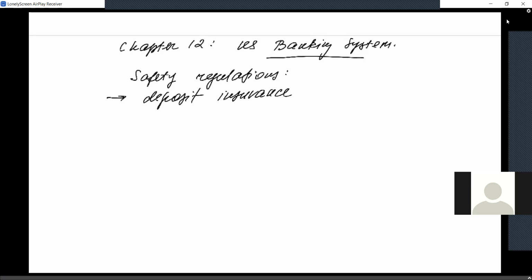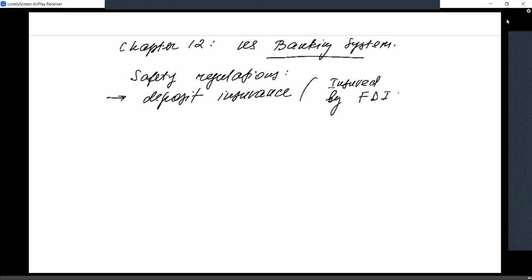All national banks must buy deposit insurance. State banks may choose to, they have a choice. So what you're looking for when you walk into an unknown bank, you're looking for a plaque that says insured by FDIC.